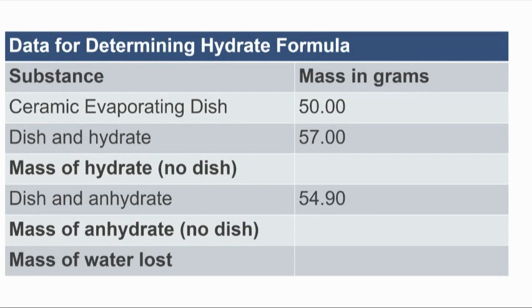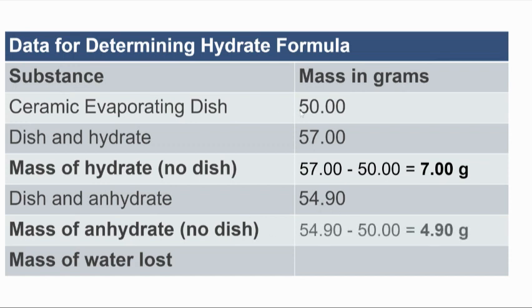For the mass of the hydrate without the dish, we should have gotten 7 grams. 57, the mass of the dish with the hydrate, minus 50, the mass of the evaporating dish, would tell us that we started with 7 grams of hydrate. We'll do the same thinking to figure out the mass of the anhydrate. We're going to take the mass of the dish with the anhydrous portion and subtract out the mass of the dish.